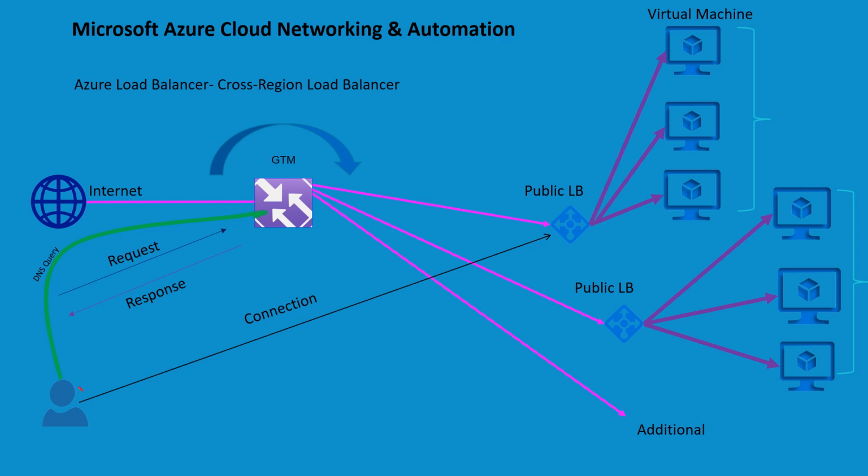Any time a user coming from the internet does a DNS query, that DNS query goes to your GTM, and then GTM returns those endpoints in response. Based on the response, the user initiates a direct connection to one of the endpoints, and it's completely based on DNS.